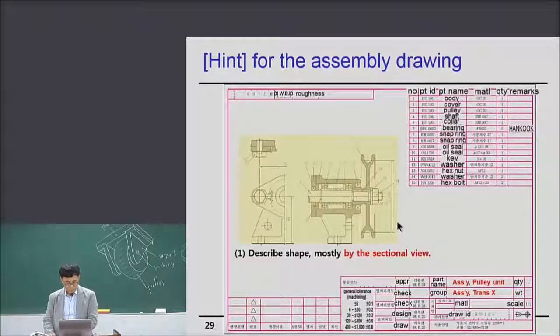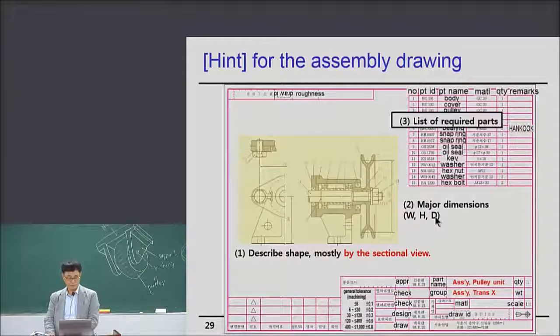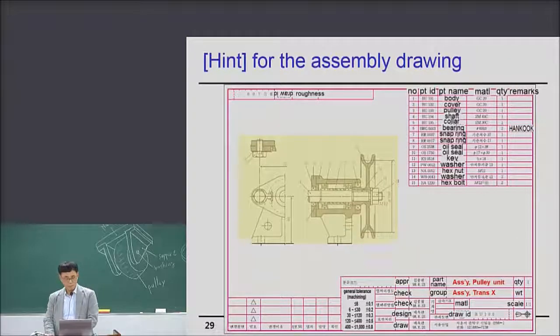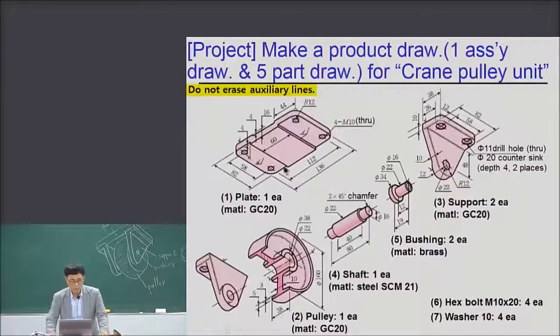The crane pulley describes the shape, mostly by the sectional view, right? And major dimensions have to be placed, width and height and depth, and a list of required parts. How many required parts does it have in the drawing? 1 plate, 2 supports, and 1 bushing.